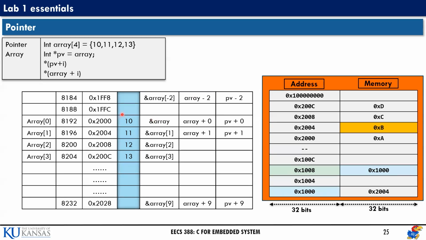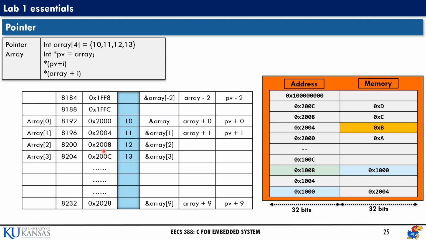For example, as we know, our array contains 4 elements, that is 10, 11, 12, and 13, and the addresses of these elements are 0x200 all the way to 0x200C.